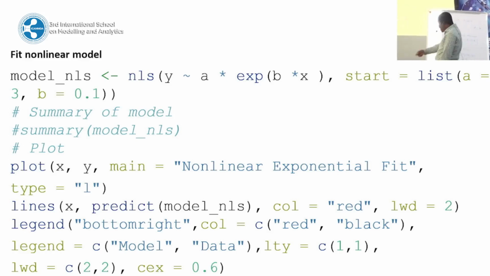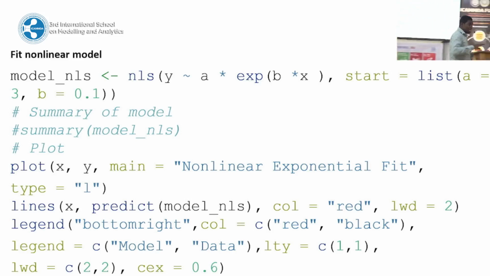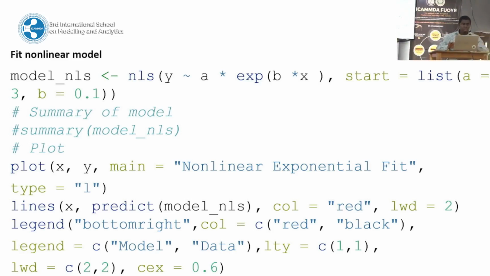So it should start optimizing the model from there. For time's sake, I won't go through that. Like I said, it's a matter of trial and error. So when you put it like that, you can run the code.